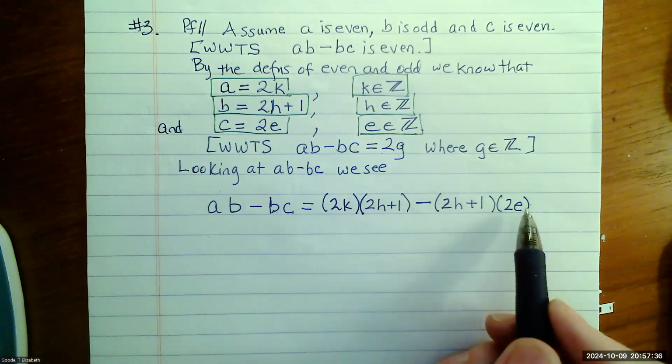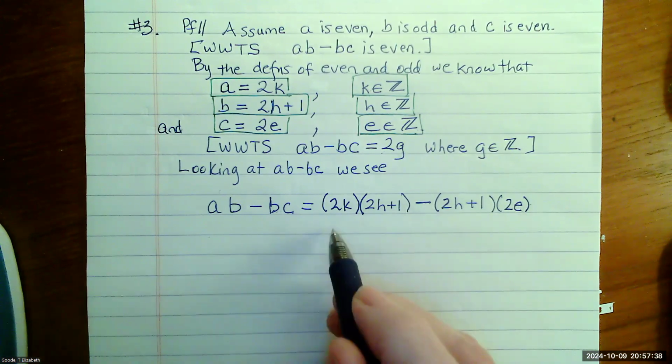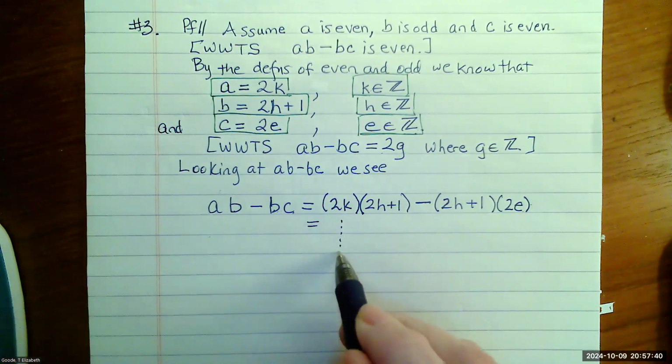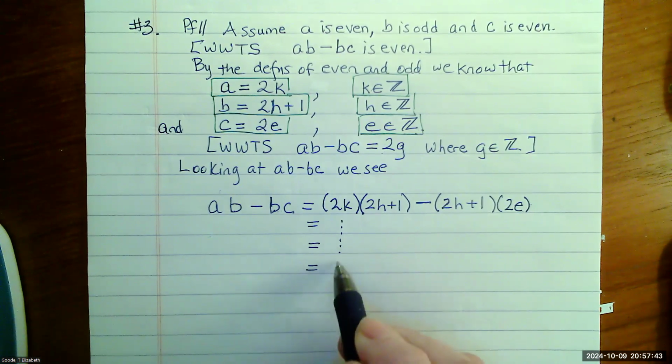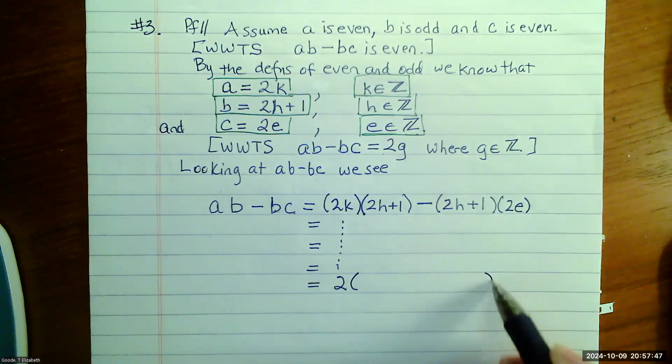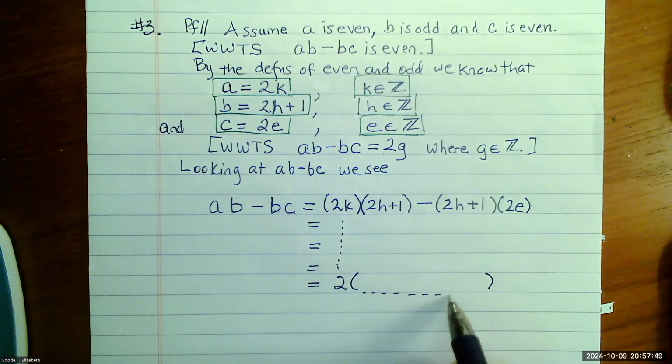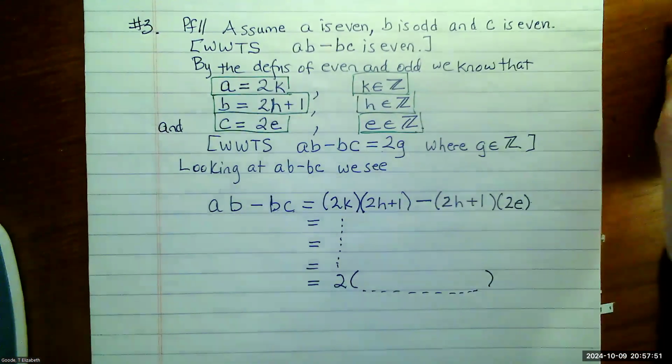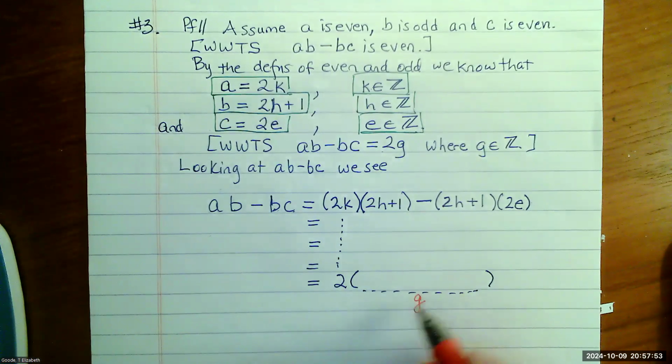And then if you do the algebra right, you should eventually pull a 2 out of everything. And then what's left here is going to be your G. And that's what you're going to argue is an integer.